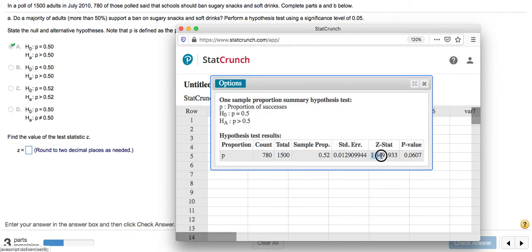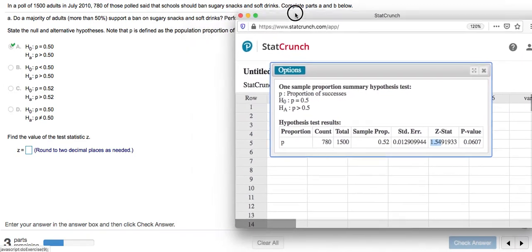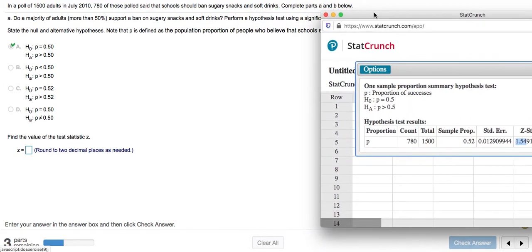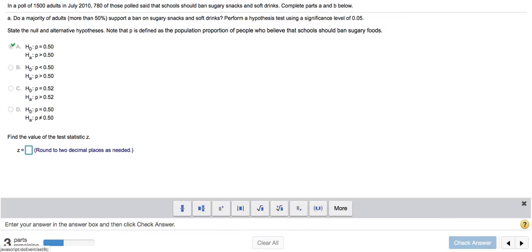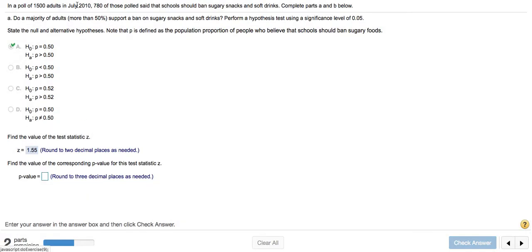Specifically, this thing, the z-stat. It says round it to 2 decimal places, and that is 1.55. That 4 gets rounded up to a 5, so 1.55. So this data here is information that is 1.55 standard errors above 0.50.